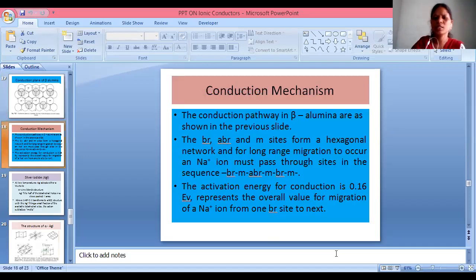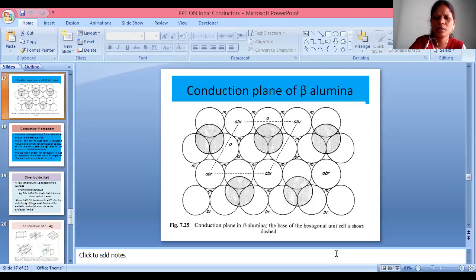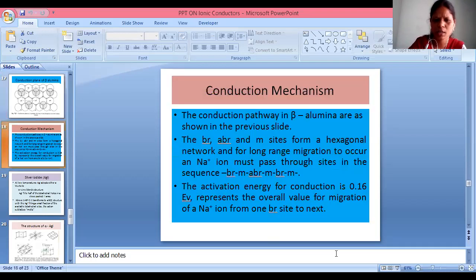In this unit cell, the conduction pathway in beta alumina is shown in this slide, and the dotted rectangle is the unit cell, and the Br, aBr, M are the different sites from the hexagonal network.